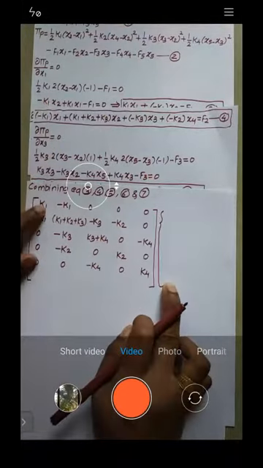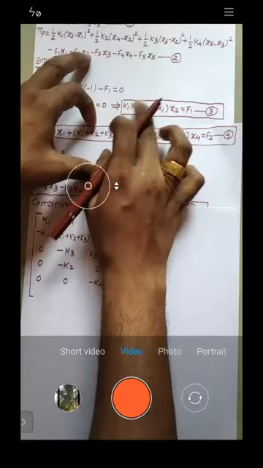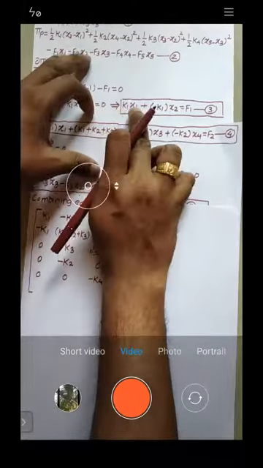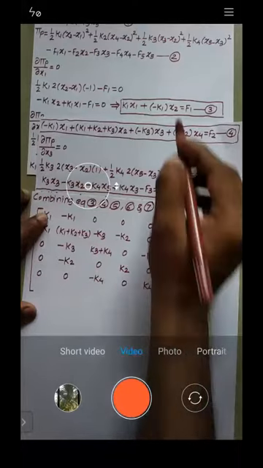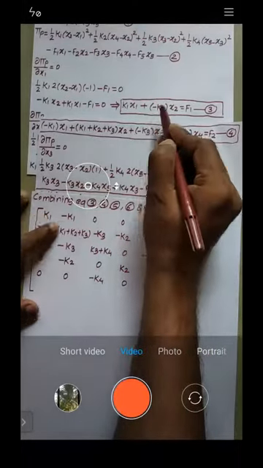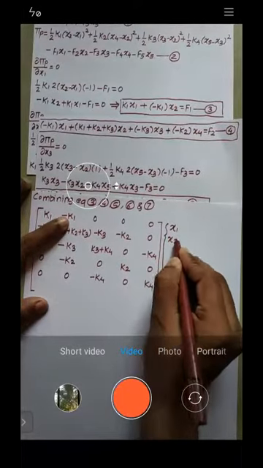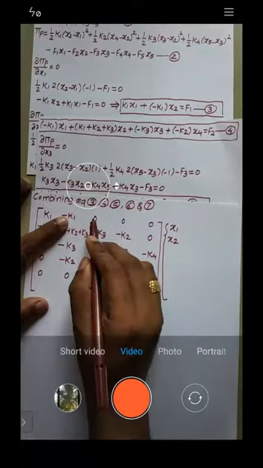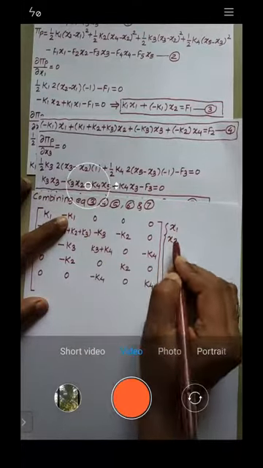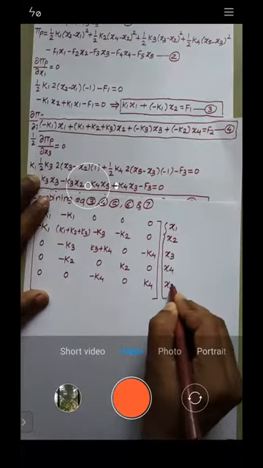So K1 into X1 you want, then minus K1 into X2 you want, right? This is X1, this is X2, this is X3, this is X4, this is X5. Is it okay?